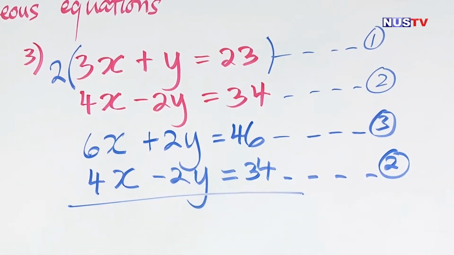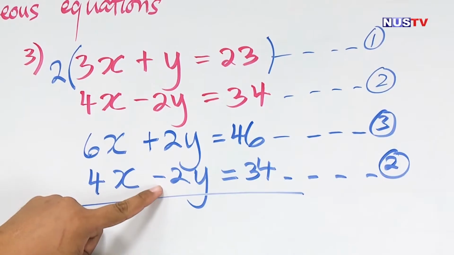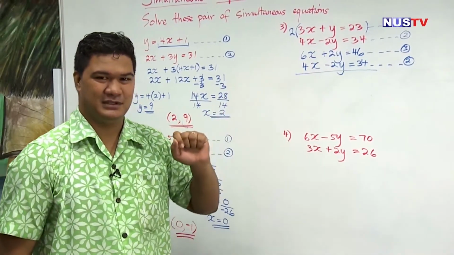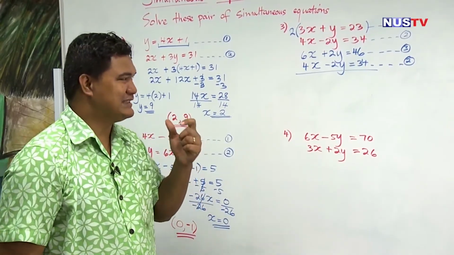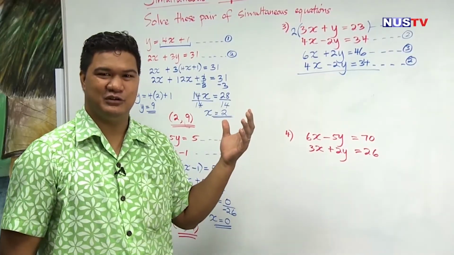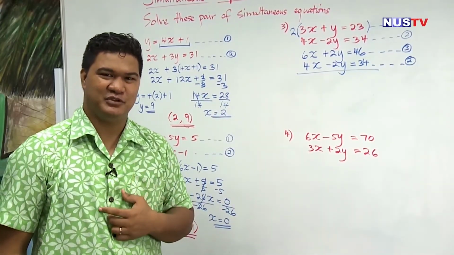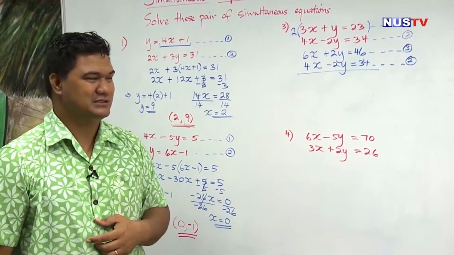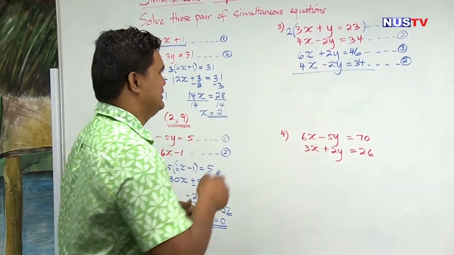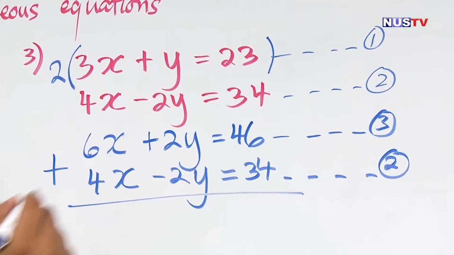Okay, now when you look at our situation there, we can see that we have a matching value of y here. So this is 2y and this is negative 2y. So under simultaneous equations, you are allowed to either add or subtract the equations in order to help you eliminate one of the variables. So by looking at positive 2 and negative 2, let's go ahead and add these two equations.